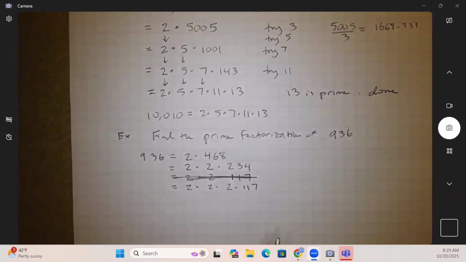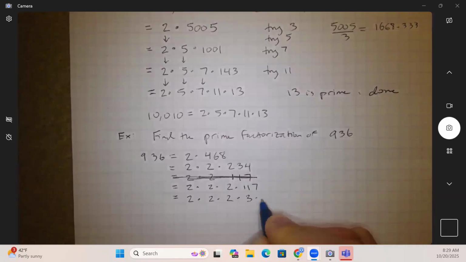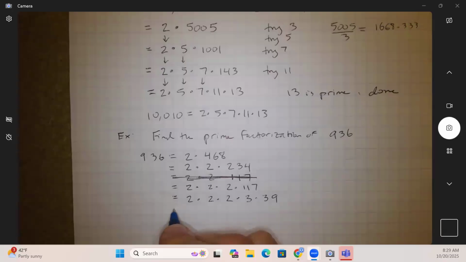So I'll divide by the next prime, which is 3. And I'm going to get 39, I think. Yeah, 39. Okay. Now here you might not look at this and recognize that 39 is divisible by 3. And that's okay. You can try your other primes. 5 obviously wouldn't work.